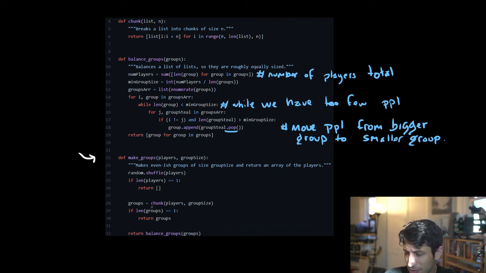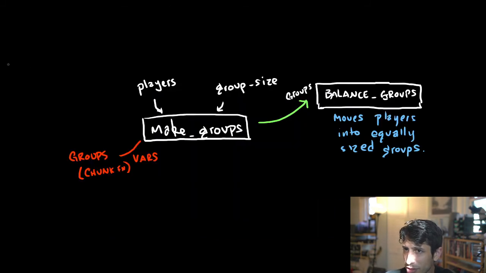So down here we have this chunk function, and that's this one up here. So we'll draw another thing for chunk. Right, so we have this chunk function up here.